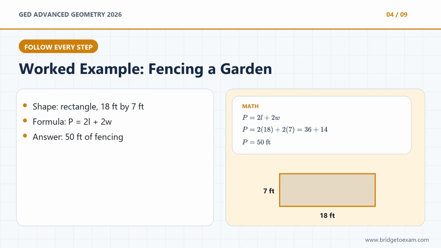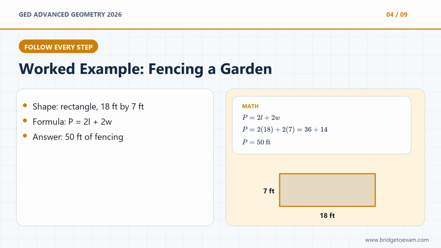Let's work a full example, slowly. A rectangular garden is 18 feet long and 7 feet wide, and we want to fence all 4 sides. Step 1. Recognize the shape, a rectangle. Step 2. Choose the formula, 2L plus 2W.